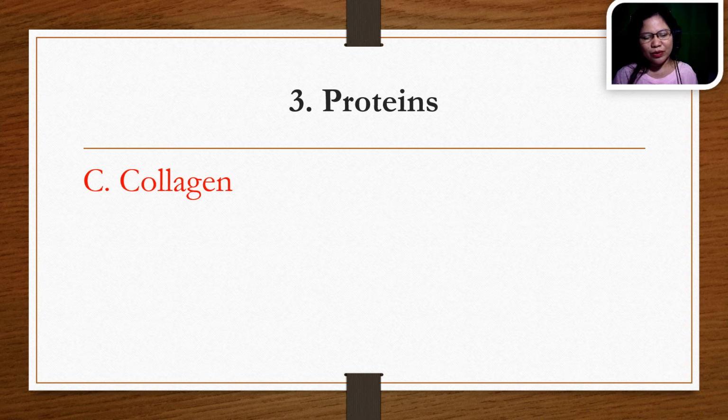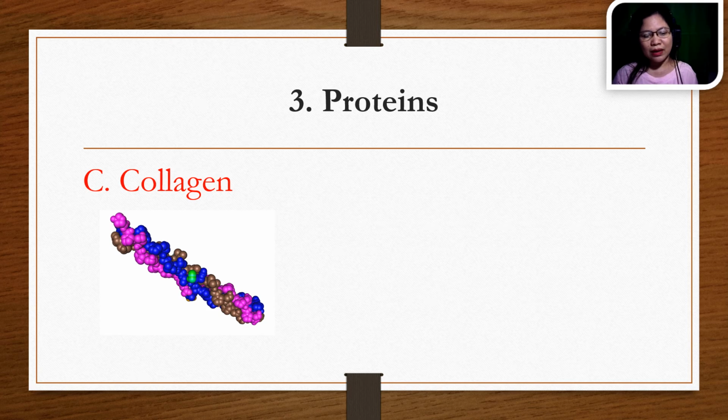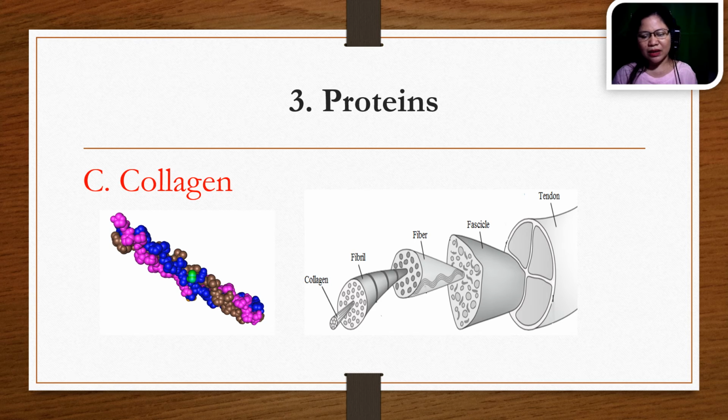So where can we find collagen as a type of protein? This is a major insoluble fibrous protein found in the connective tissues such as in the tendons and also in the ligaments, in our skin, in the cartilage, and even in the cornea of the eye. It also comprises as much as 30% of proteins in animals.